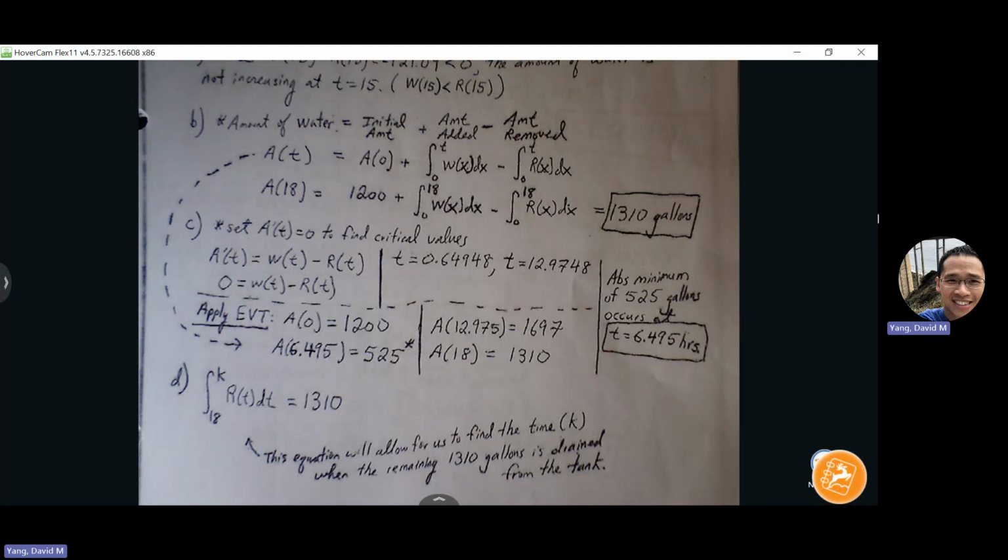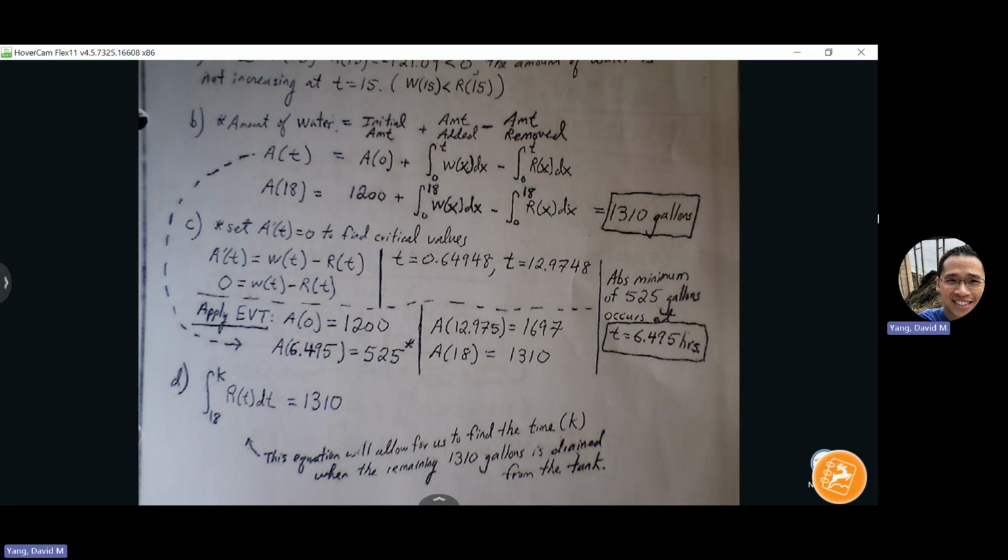So we know that we have 1310 gallons to account for. So starting at 18 hours, that's how much water is in the tank. So from 18 until however long it's going to take, k hours, could be 25, could be 26, could be 30, we should set up an integral where we want to solve from 18 to k of R of t dt.